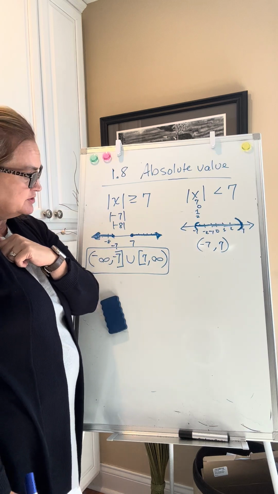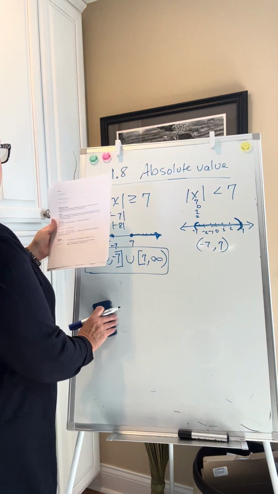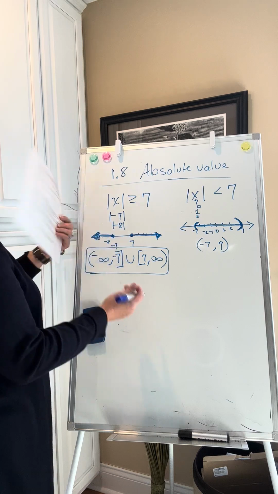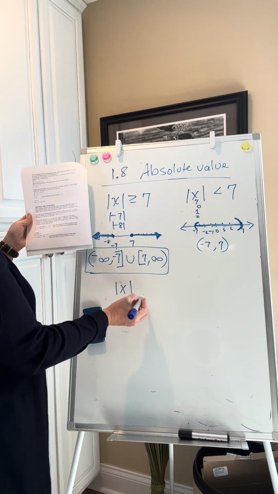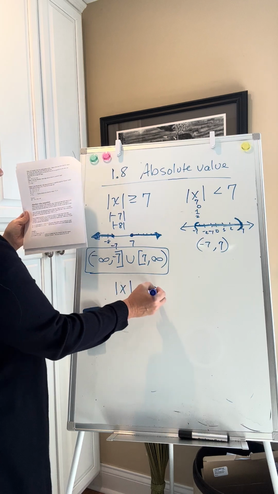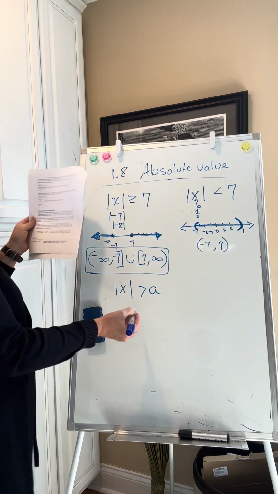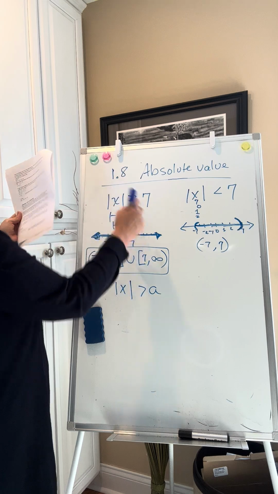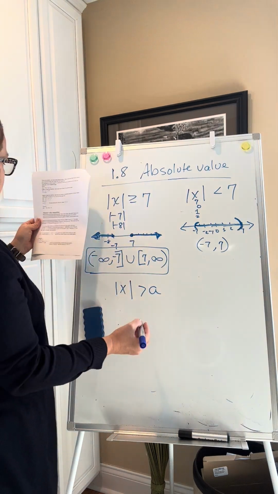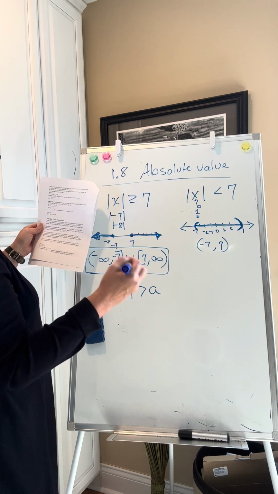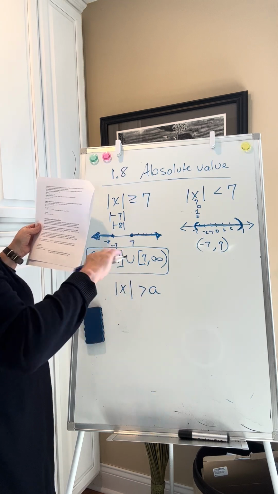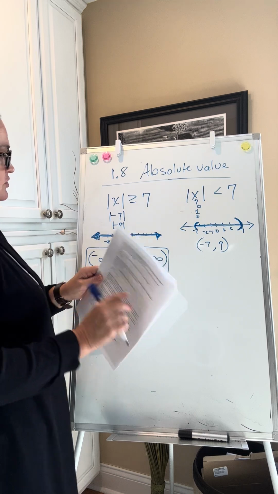So that's your solution. Well, in your handout, you'll see the rule is, if you have an absolute value of anything, and it is greater than, let's say A for anything there, when you're doing greater thans, it's going to wind up being the outer regions. It's going to be X is less than negative A, and X is greater than positive A. So you have this split, and that's explained in your handout too.